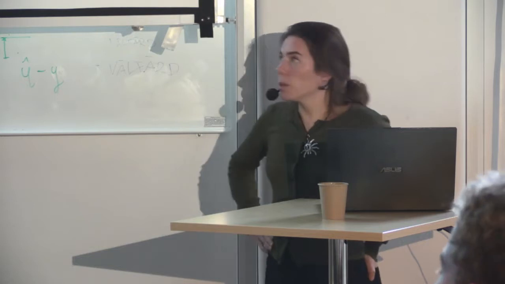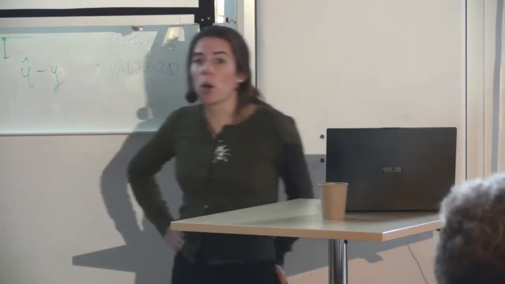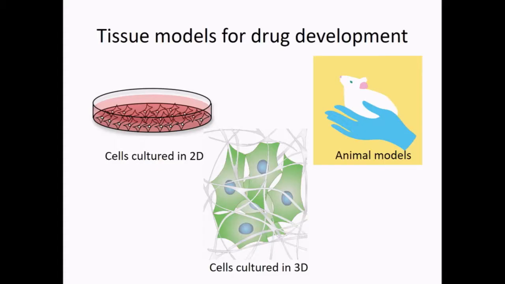Other types of tissue would also be good to have as models in the lab. For example, it would be good to be able to have models of tissue pieces that you could test new drug candidates on. Typically today, the initial tests of a drug candidate is to have cells cultured in this 2D system on a Petri dish.